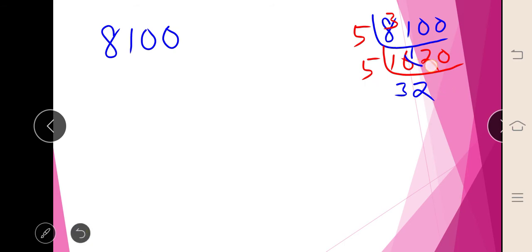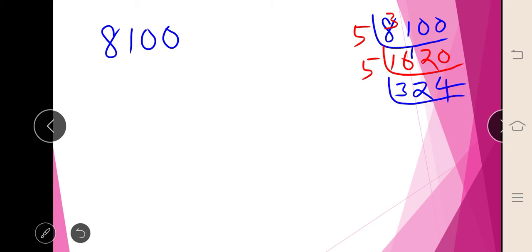And is there a remainder in 12 or not? 5 twos are 10. Then remainder 2 is there. So now along with the next digit, the remainder 2 and 0, 20. In 20, how many times 5? 4 times.